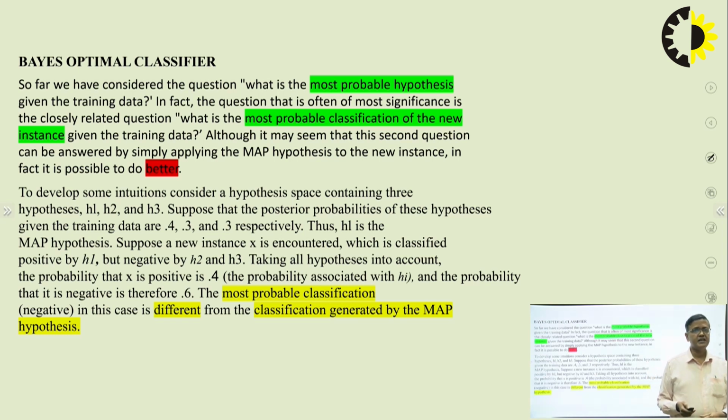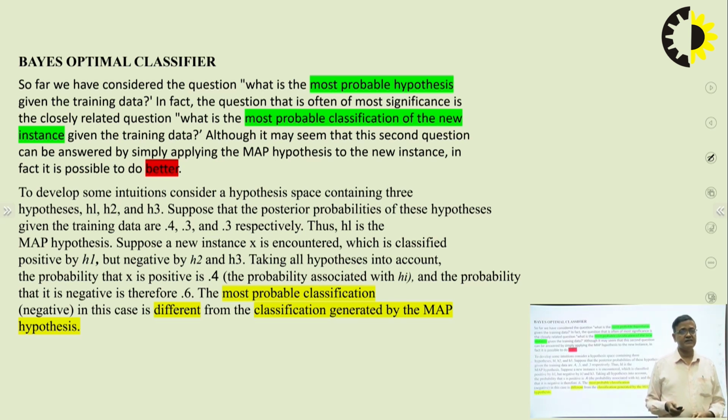Taking all the hypotheses into account, the probability that X, your new instance, is positive is 0.4, whereas the probability that it is negative is 0.6, which is the sum of the posterior probabilities of hypotheses H2 and H3: 0.3 plus 0.3 comes out to be 0.6. So here the most probable classification becomes negative, because we are using the combination of all the hypotheses to classify the new instance.